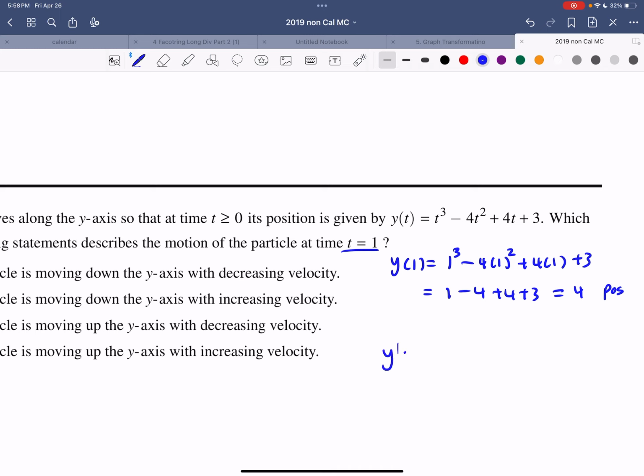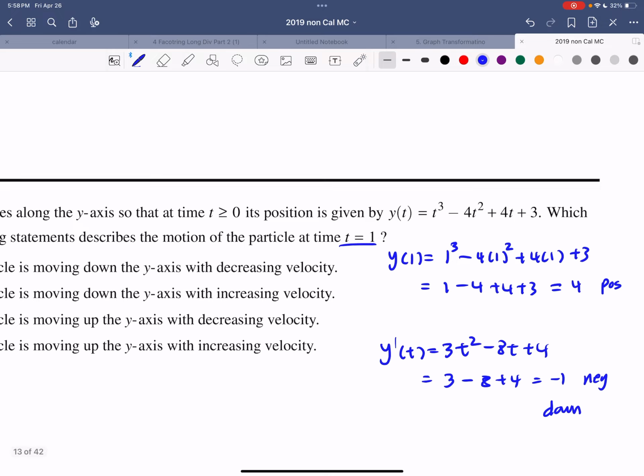If I do the first derivative, that's 3t squared minus 8t plus 4. And if I plug in 1, that's going to be 3 minus 8 plus 4, which is equal to negative 1. So that's negative, right? So that means it is going down, okay?